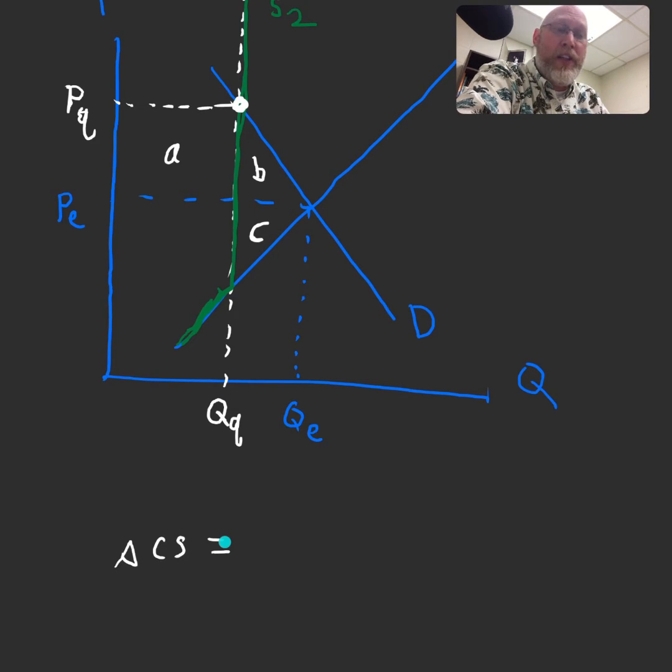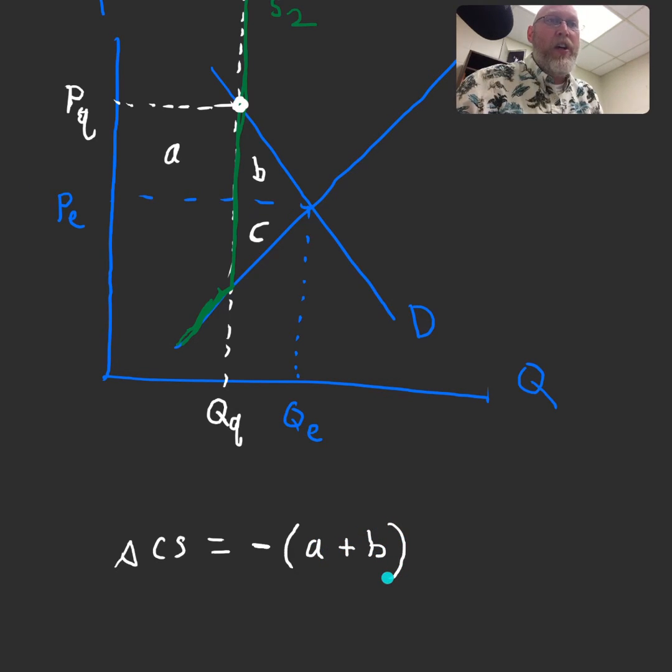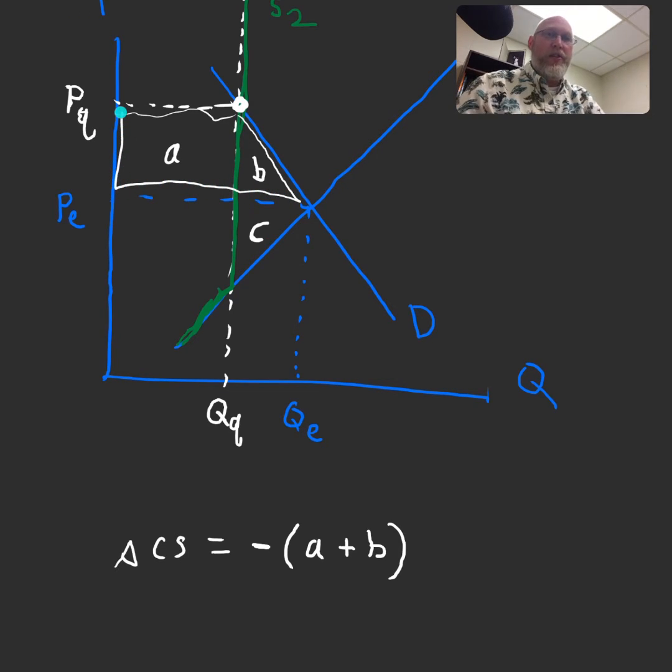They've got a decrease in consumer surplus. The decrease in consumer surplus is going to be equal to areas A and B, not unlike some of the other policies we've seen where the consumer is made worse off. If you want to see it on the diagram, it's right here, bounded by the demand curve, the height is the two prices. So our consumer is losing areas A and B.